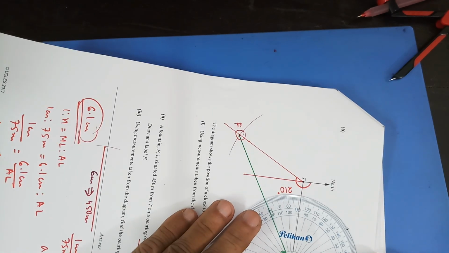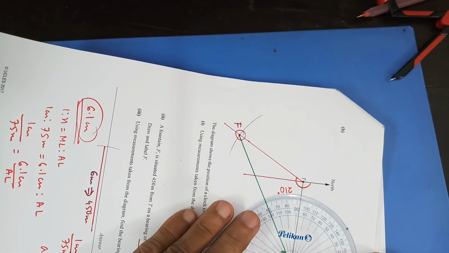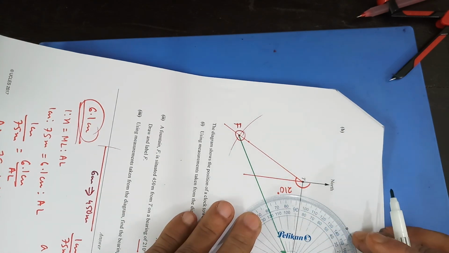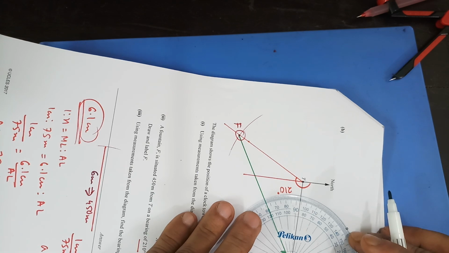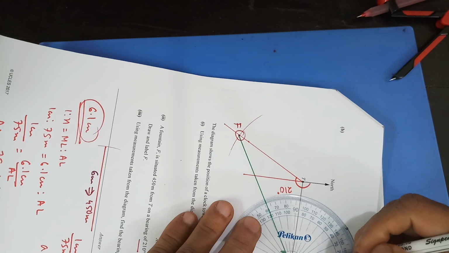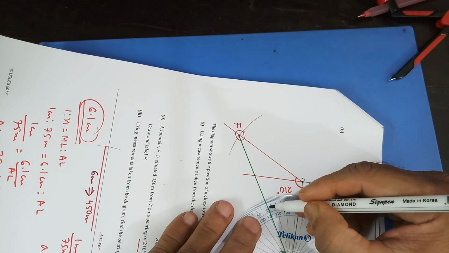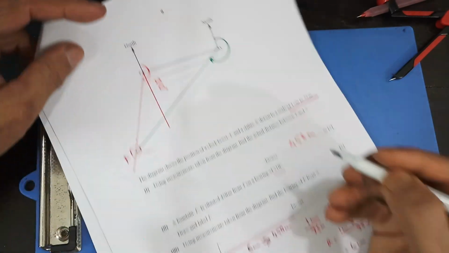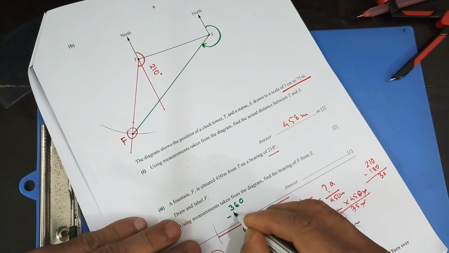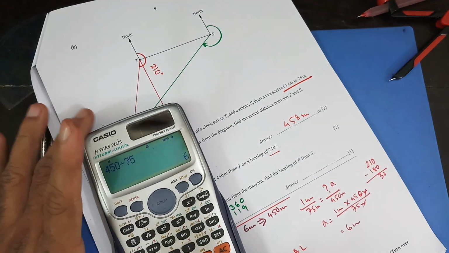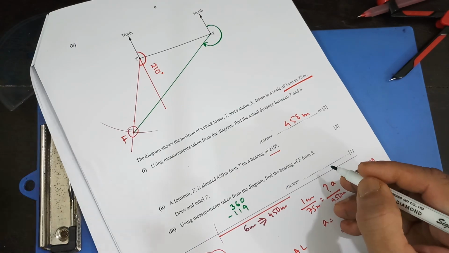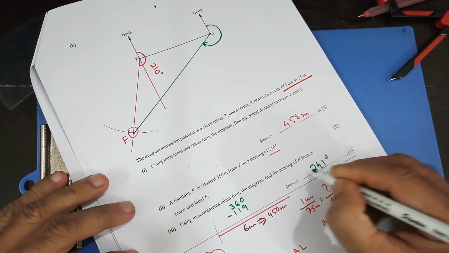If I coincide this, see, this is not 90 degrees, it wasn't meant to be 90 degrees. And from here I got 119. So 360 minus 119, I got 241 degrees. Okay, so that's my answer.